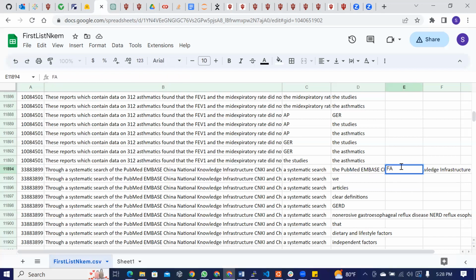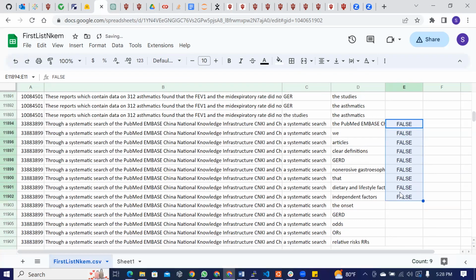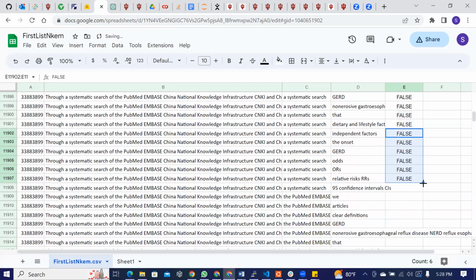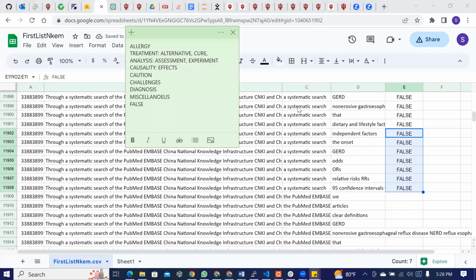We have a false relationship for every place where a systematic search appears. There's no need to read everything, because systematic search is just an adjective describing what they did, but it doesn't have the medical relationships described there. You can't say systematic search was allergic to anything or was a treatment to anything.